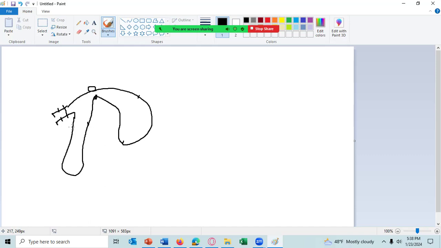And I guess you'd say these, let me make that a little closer. So these would be attracted to each other right there too.